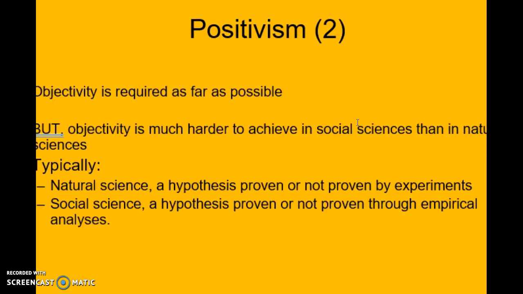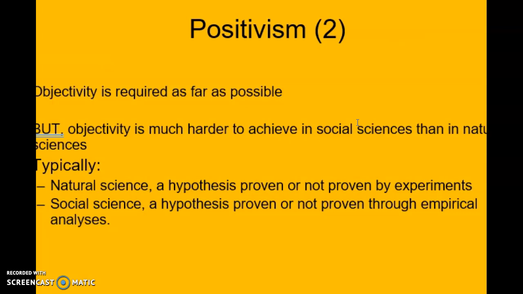But in the social sciences, objectivity is much harder to achieve than in the natural sciences, because in the natural sciences we could use experiments to either prove or disprove whatever hypothesis we lay. But in the social sciences, that's not feasible.